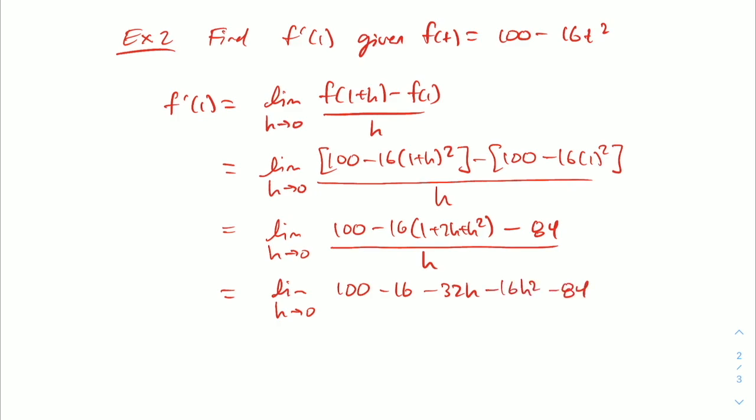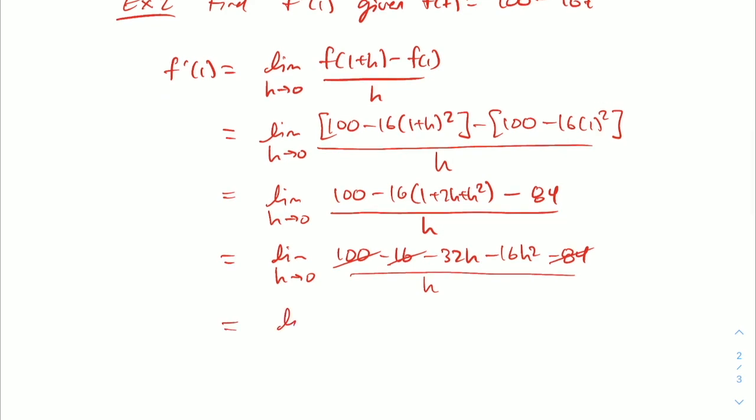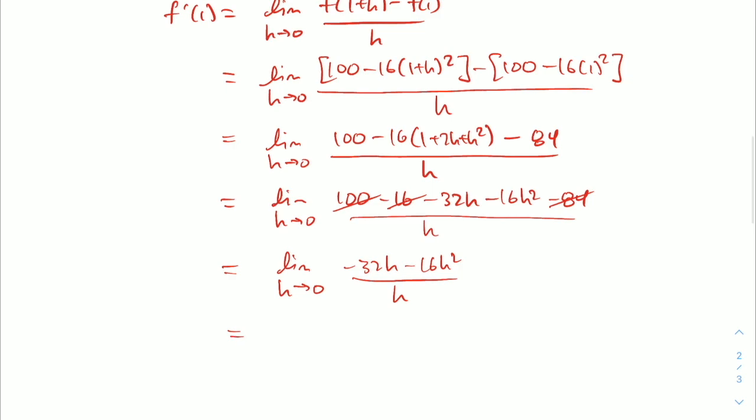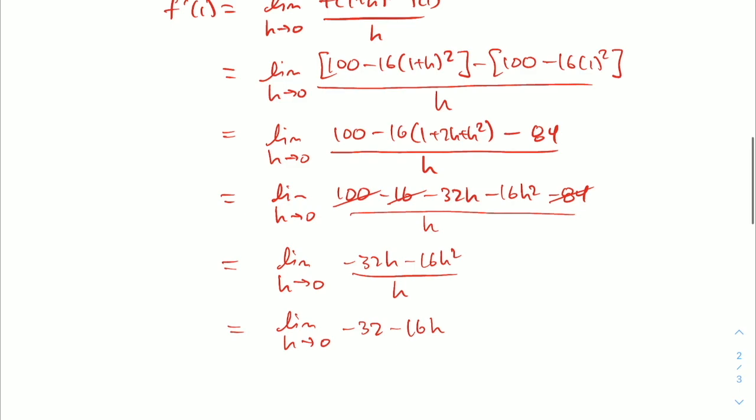You can see 100 minus 16 minus 84 is 0, so these all cancel. We're left with negative 32h minus 16h squared over h. There's an h in both terms in the numerator, so we factor that h out and divide by the h. As h goes to 0, we're left with negative 32.